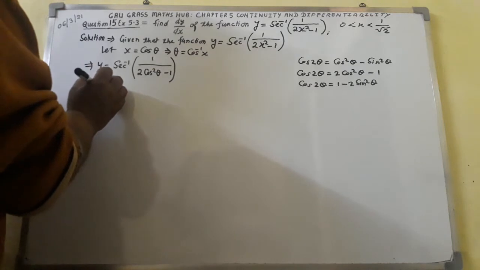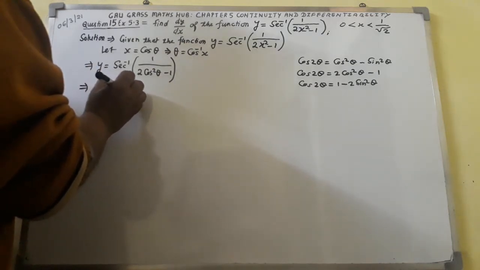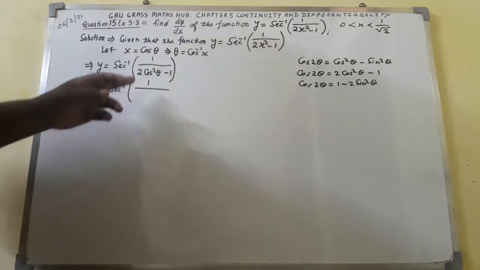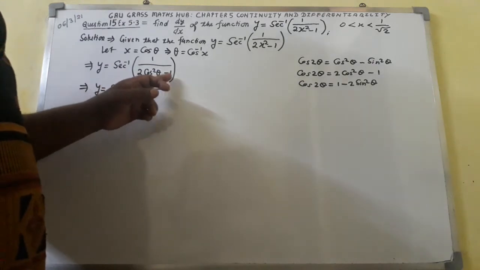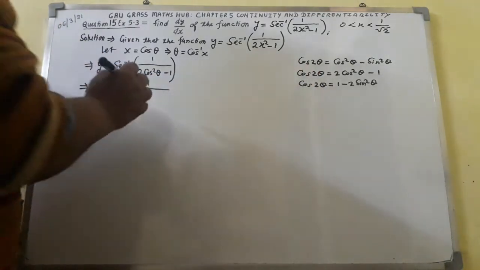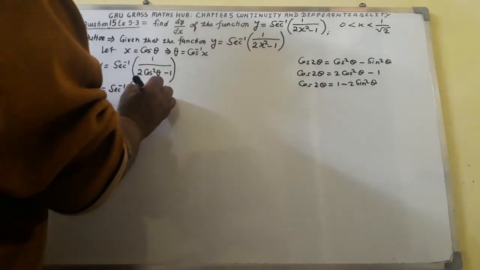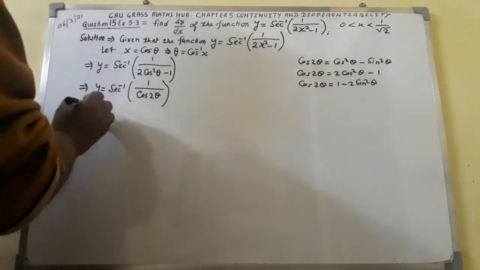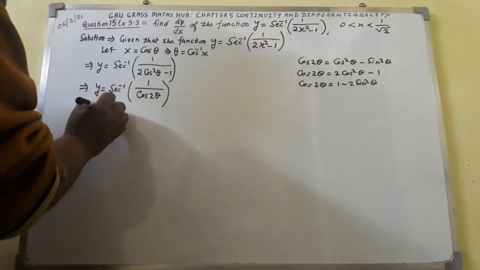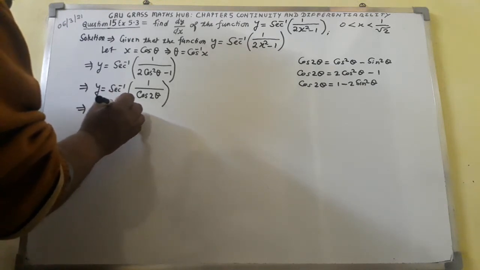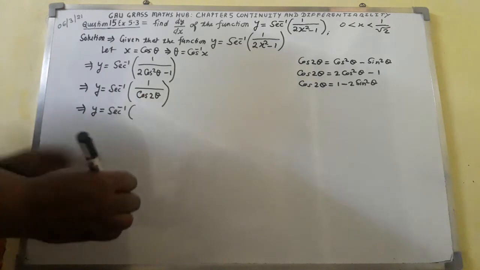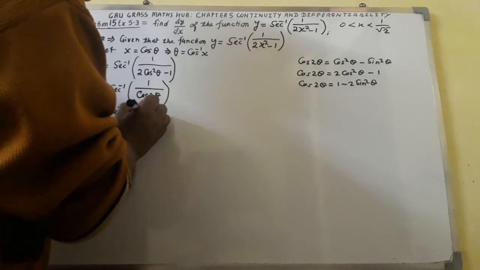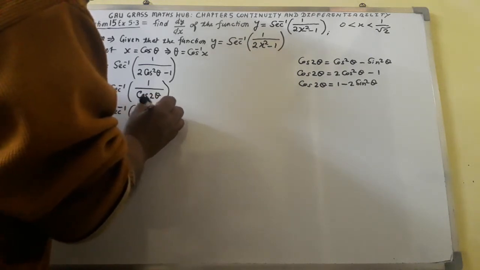Implies that y is equal to sec inverse 1 over 2 cos square theta minus 1, which comes out to be cos 2 theta. So you will get sec inverse 1 over cos 2 theta, which becomes sec 2 theta.